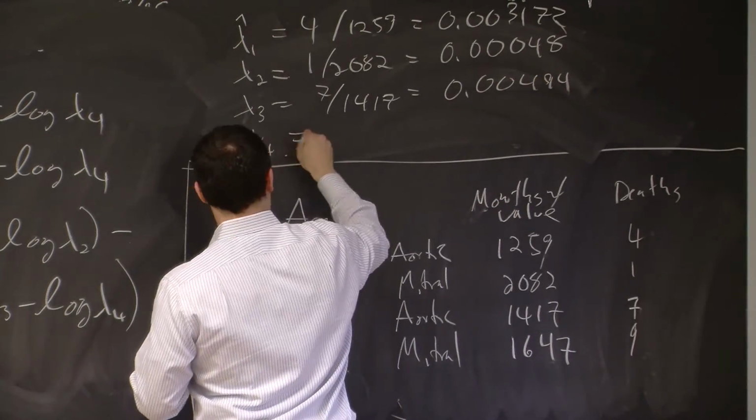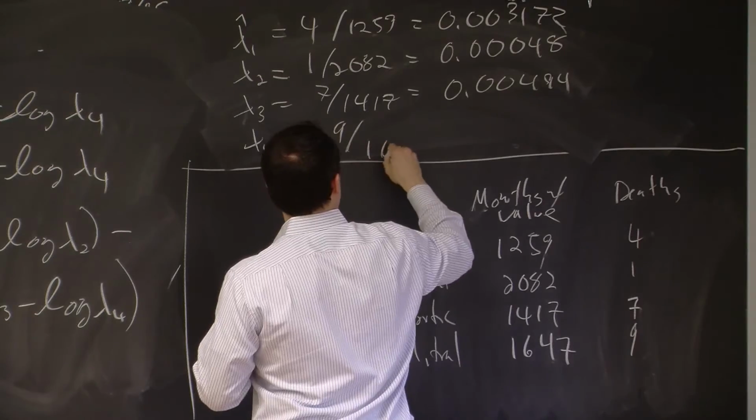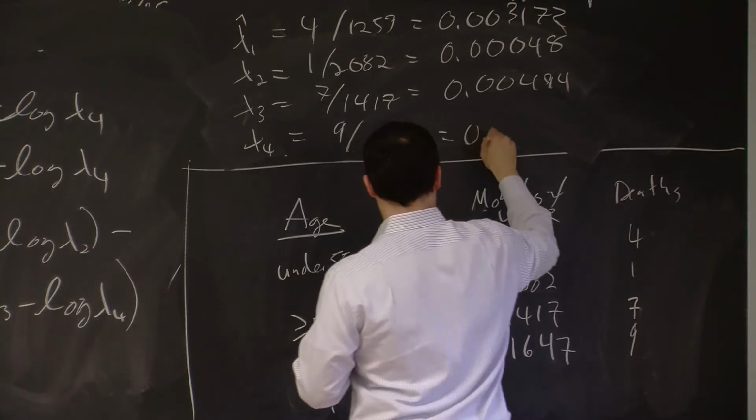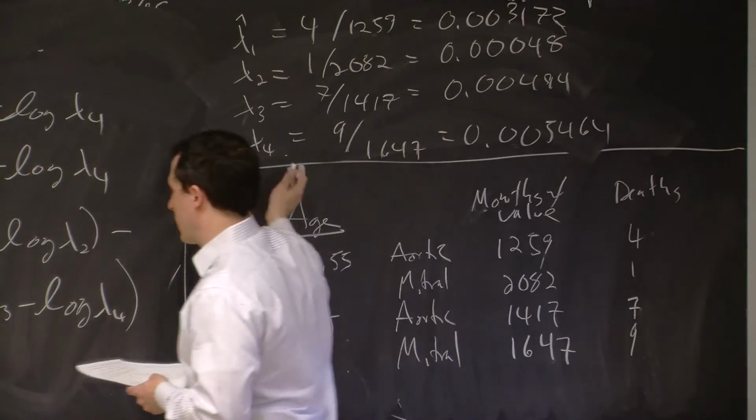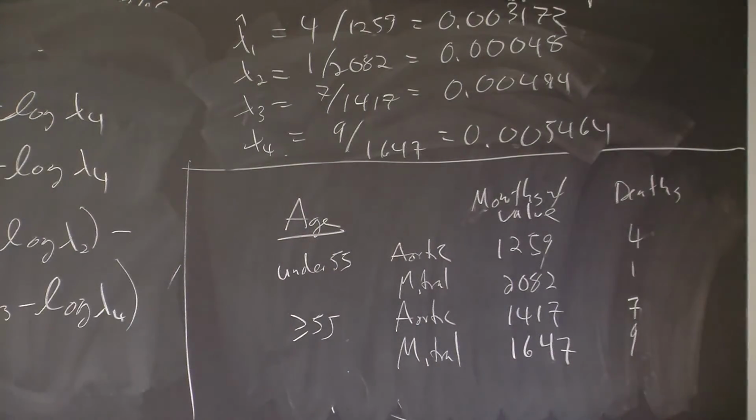And lambda 4, 9 over 1647. And then we could take their logs to get these numbers. Minus 5.75, minus 7.64, minus 5.31, minus 5.21.